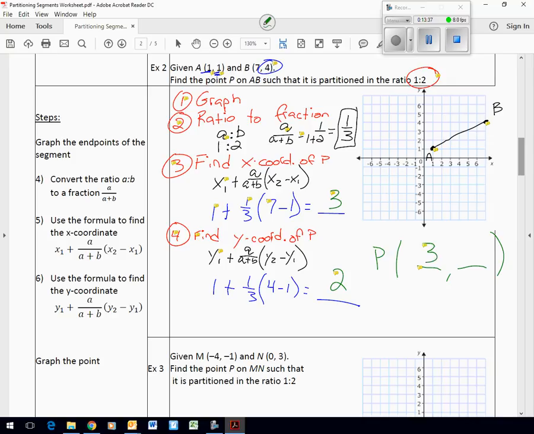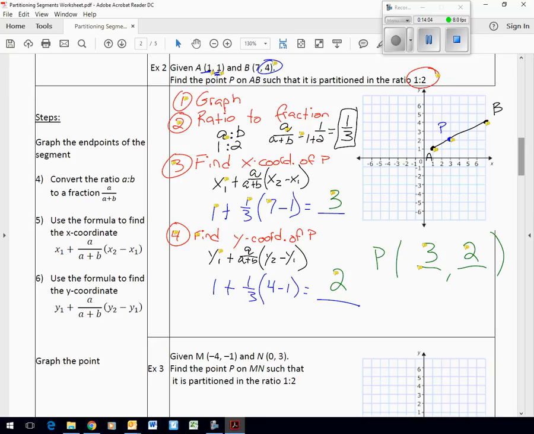What's the y coordinate? 2. 3, 2. Come up here to my graph. I'm able to graph the point 3, 2, and right there is point P. Approximately 1/3 the distance A to B. Not that bad, right?